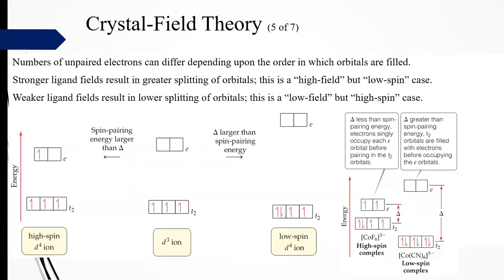When we think about the splitting impact, we talked about weak field ligands versus strong field ligands. This also has an impact on our spin pairing. When our energy levels are close, we're in what we call a high spin situation.